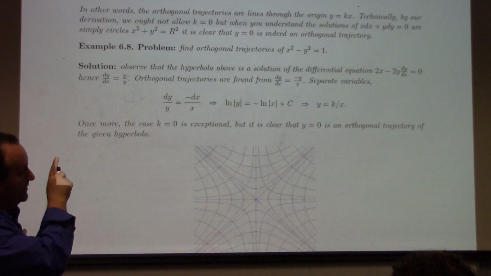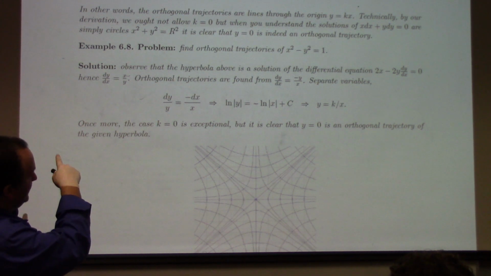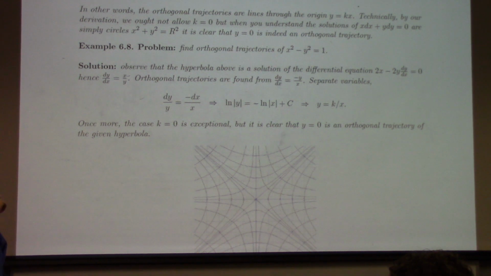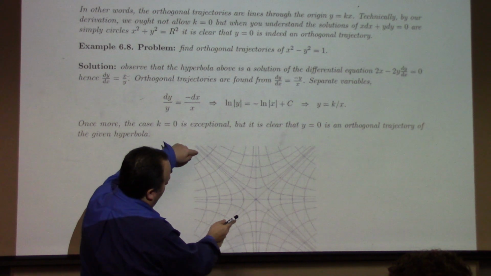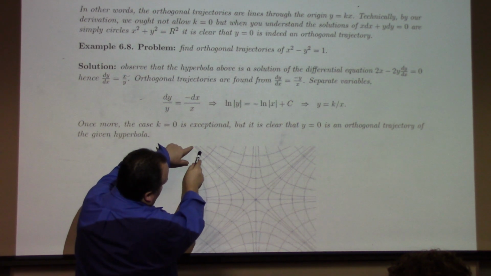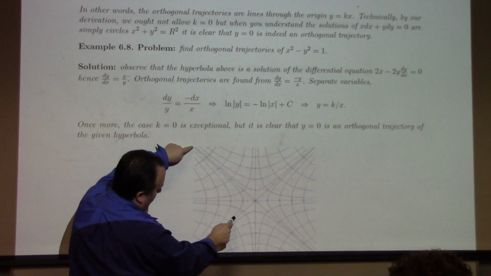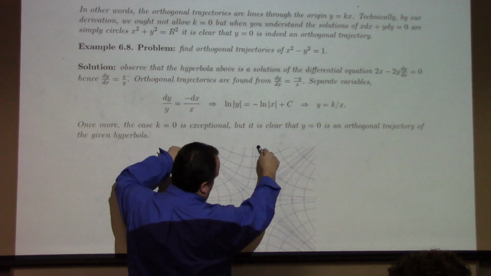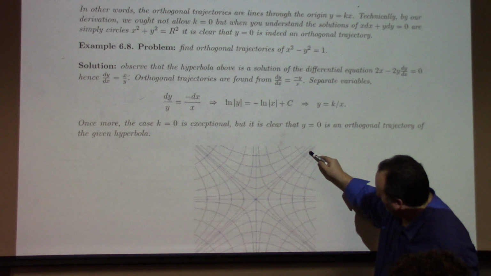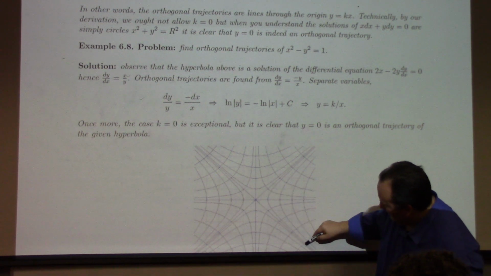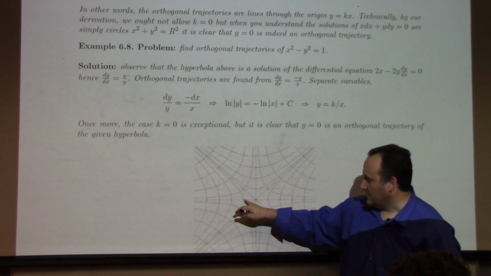So in example 6.8, the graph never crosses x equals 0, which is to say it's opening horizontally, with vertices of plus or minus 1.